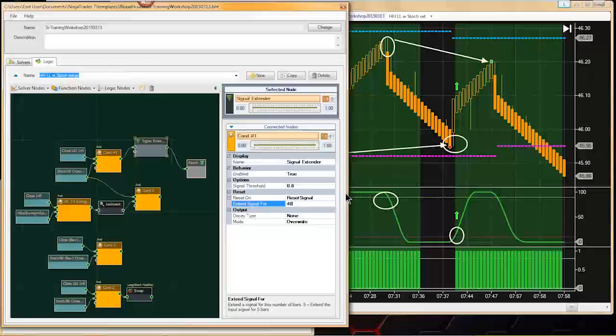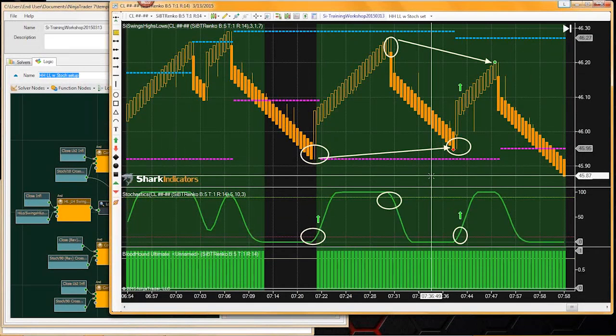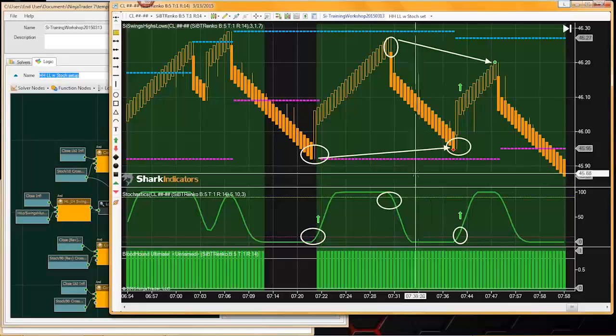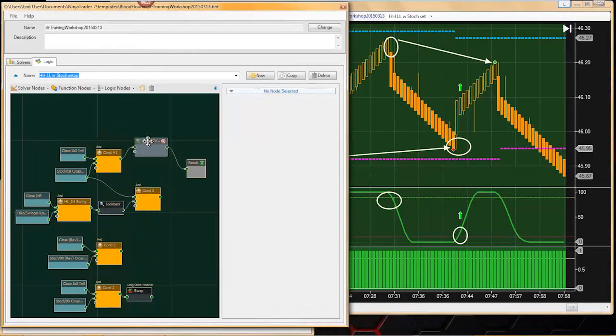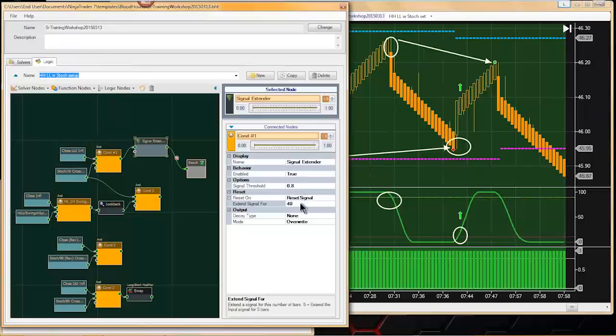All right, I guess 40 bars actually is needed. Actually, let's just round it up to 50, just in case.